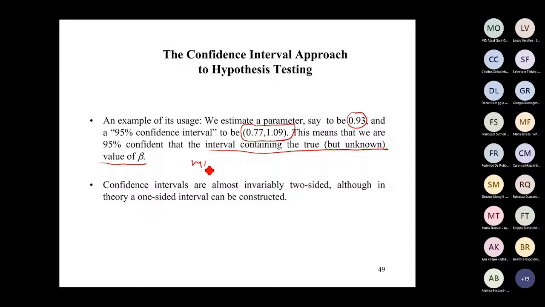So the minimum value beta can take is 0.77. The maximum value beta can take is 1.09, and on average beta is 0.93. So the confidence interval contains the minimum, the maximum, and the average value that beta can take.